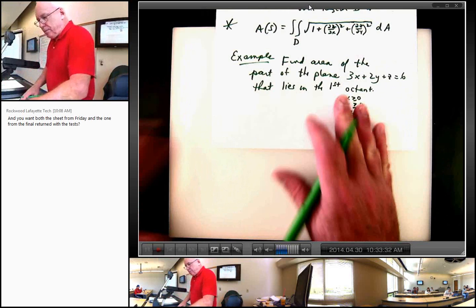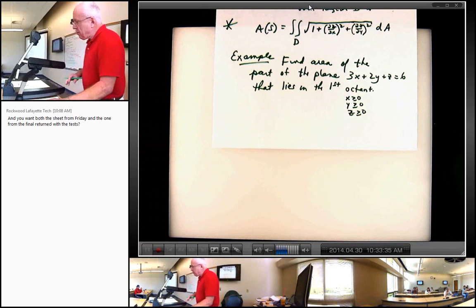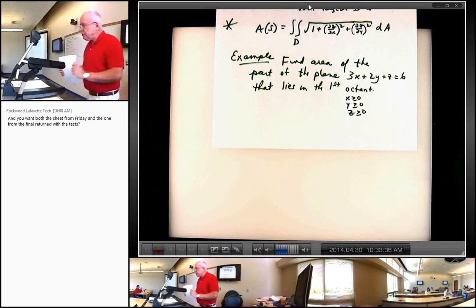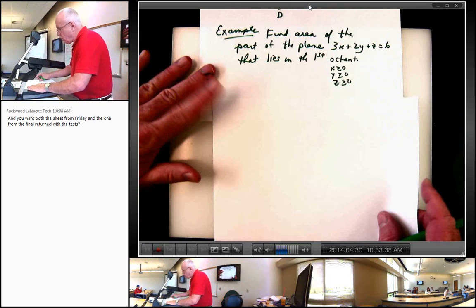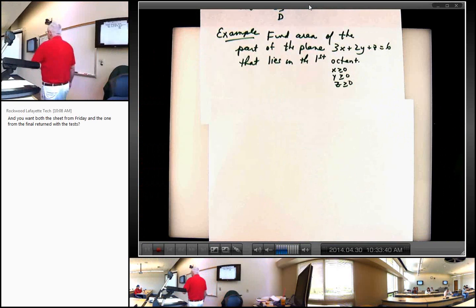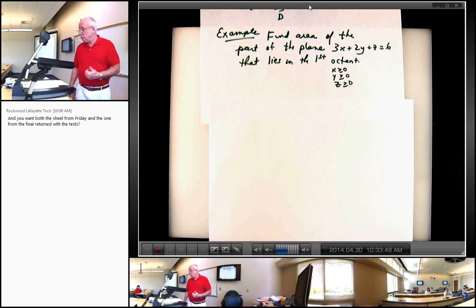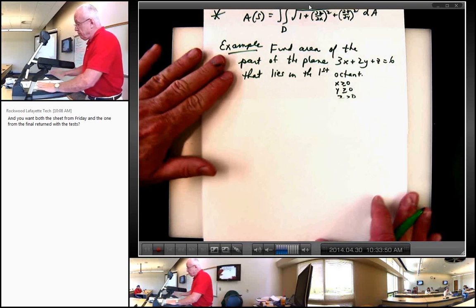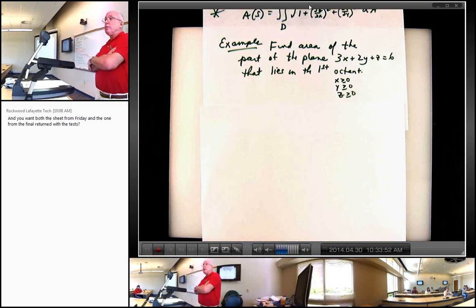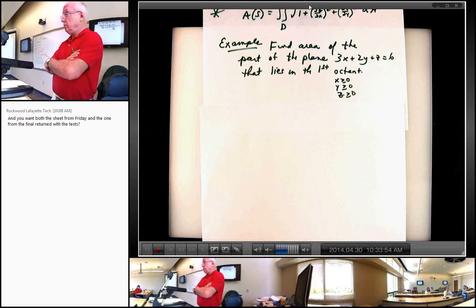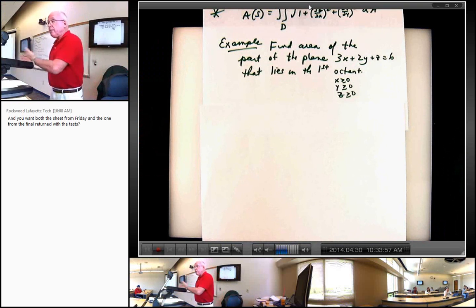So that's the problem. Now, in this case, one of the things we have to do here is, well, we want to figure out which type of problem it is. Is this a case 1 or a case 2? Can it be written as a case 2? Yeah. I can very easily isolate the z on one side of the equation, and I have case 2.